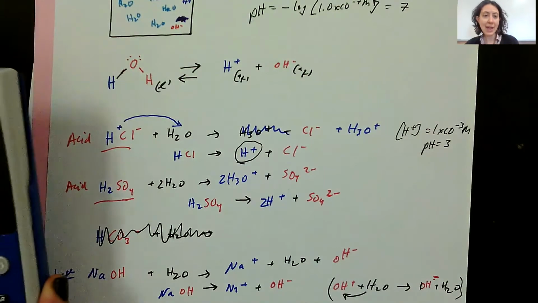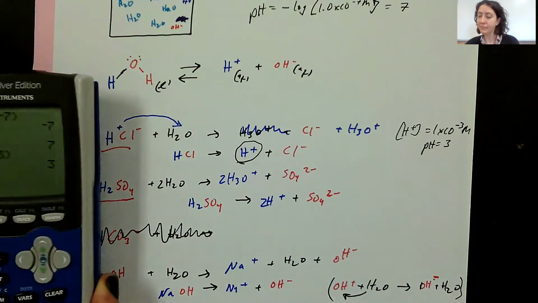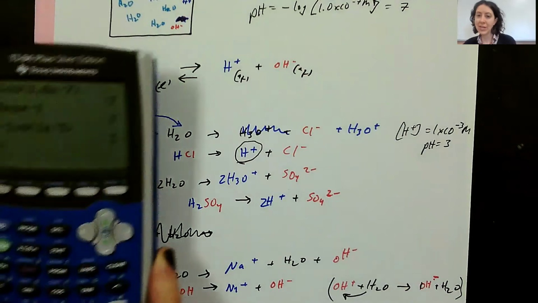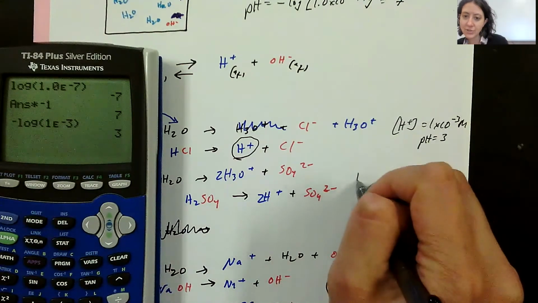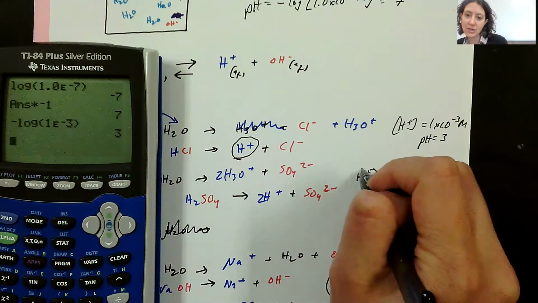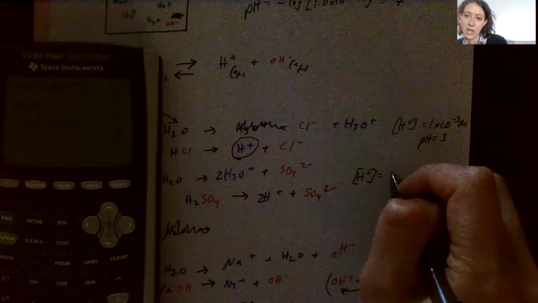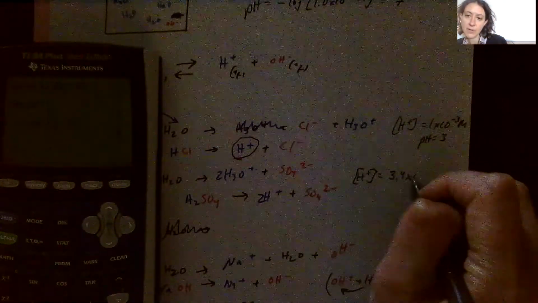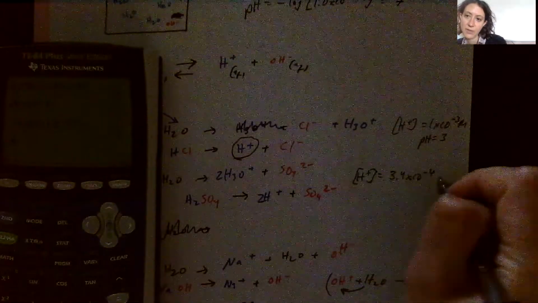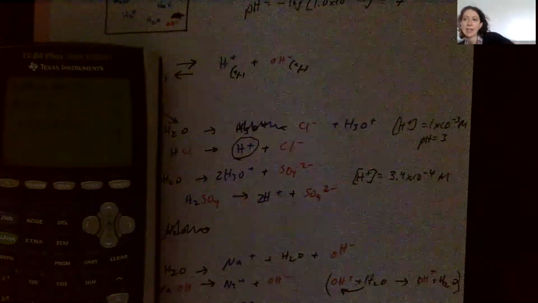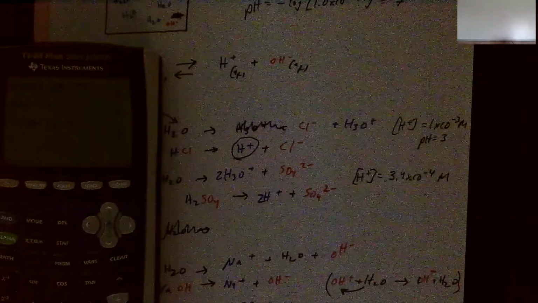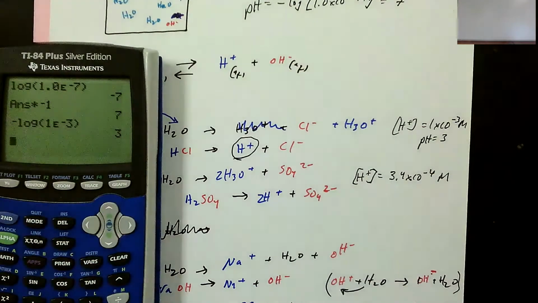What if we have H2SO4 and I tell you that the hydrogen ion concentration is, let's make something weird, 3.4 times 10 to the -4th molarity. All right, so we can do that math.